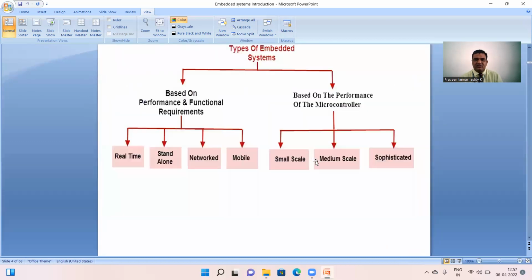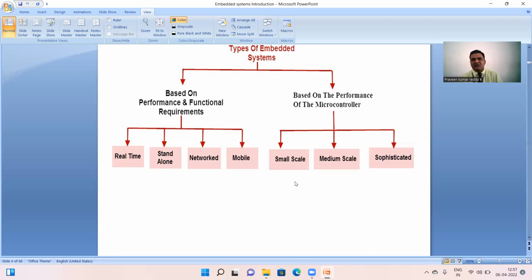The other classification is based on the performance of the microcontroller. What comes here depends on the application, what type of application you are designing. You will have to choose a particular processor for that, a microprocessor.